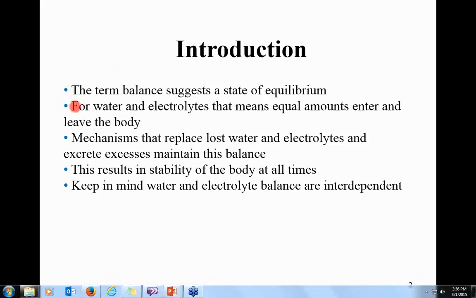If you remember from the urinary system, for water and electrolytes, electrolytes being ions like sodium, potassium, and chloride, you want to take in the same amount you excrete, so you want to keep that balance stable. And keep in mind, water and electrolyte balance are interdependent. That's referring to water following salt, if you remember from the urinary system, among other things.